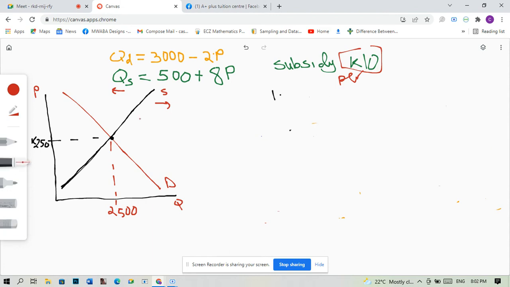All right. So we're going to write our functions again first. QD equals 3000 minus 2P. Now this P, we're going to write as PB to represent the price that the consumers are paying. So we'll have 3000 minus 2PB. This is the price the consumers are paying.